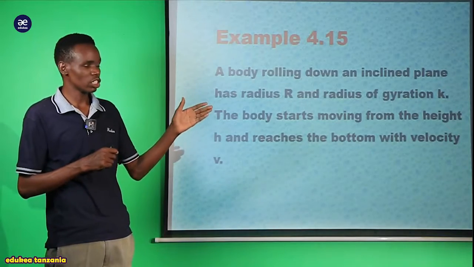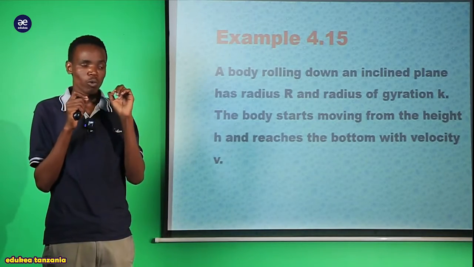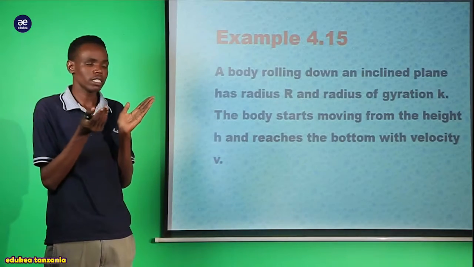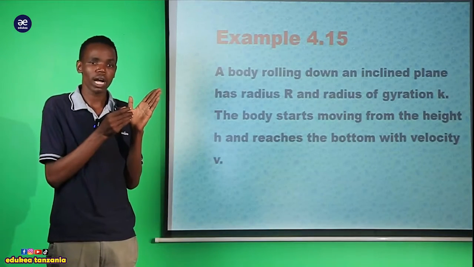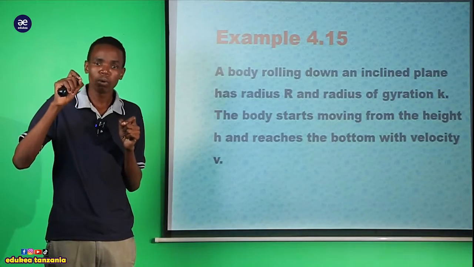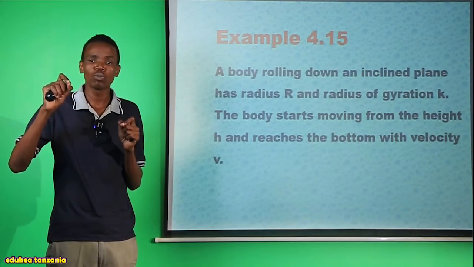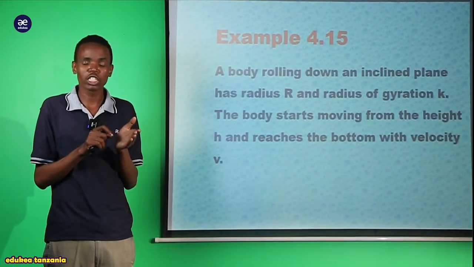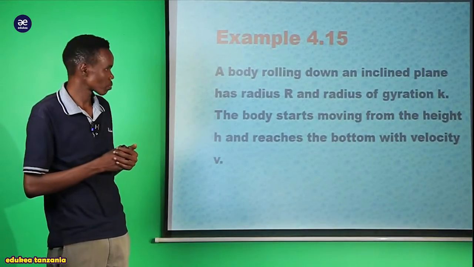The radius of gyration is not a new term. When we talk about the radius of gyration, this is the distance from the axis of rotation to the point where the mass is assumed to be concentrated, with the moment of inertia remaining unchanged.